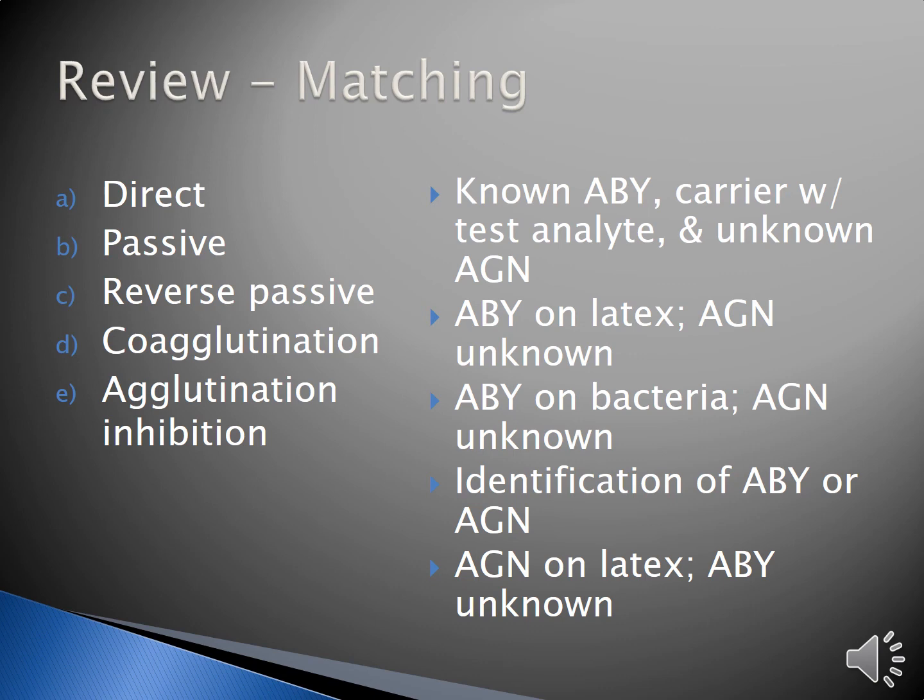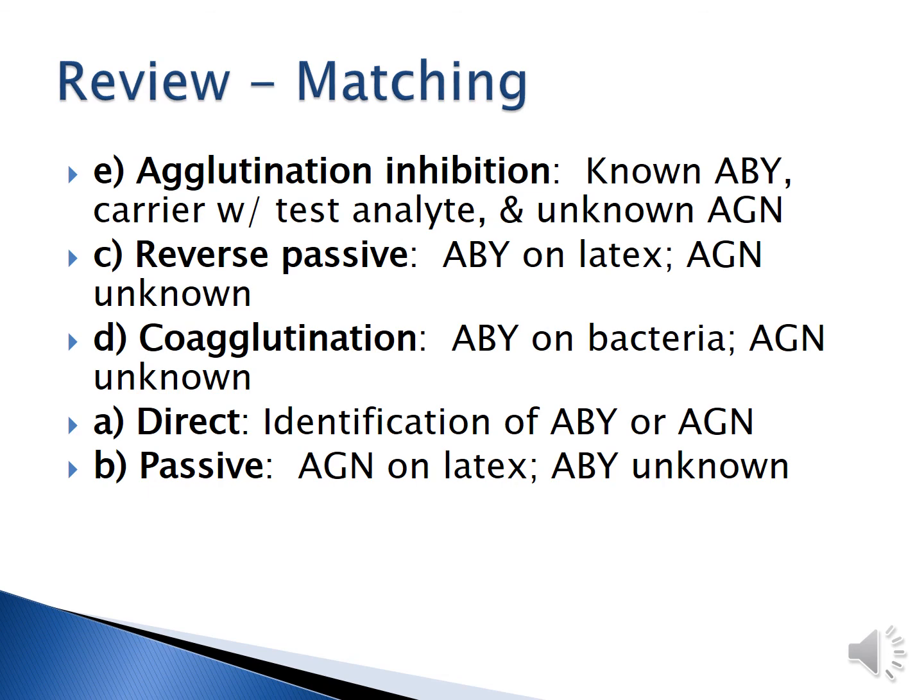Let's do a quick review and go ahead and answer these, and we'll go over the answers in the next slide. So a known antibody carrier with a test analyte and an unknown antigen.